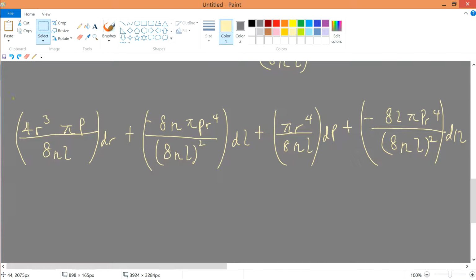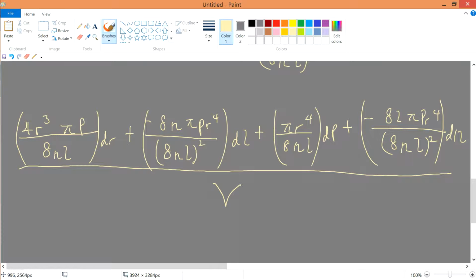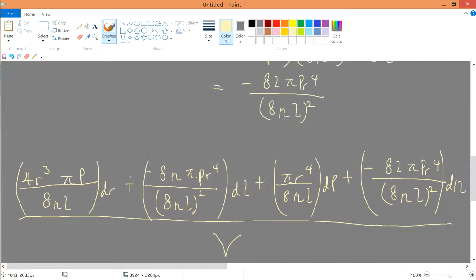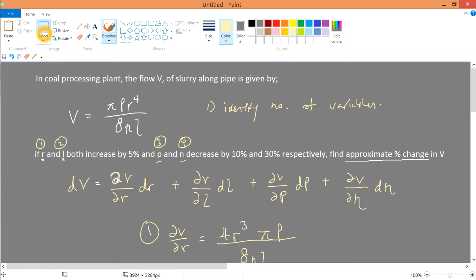So this whole thing is a change of v, and you're going to divide the whole thing by its initial formula v, which is that holy formula, this v.